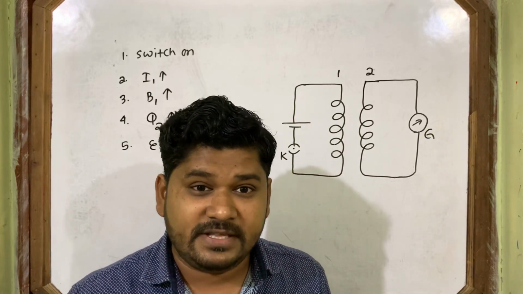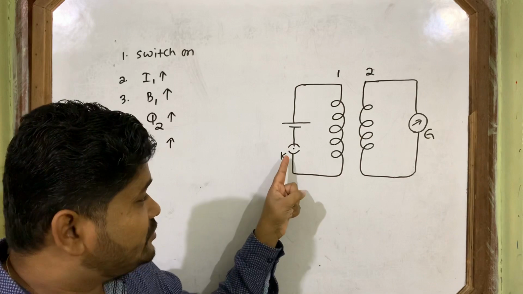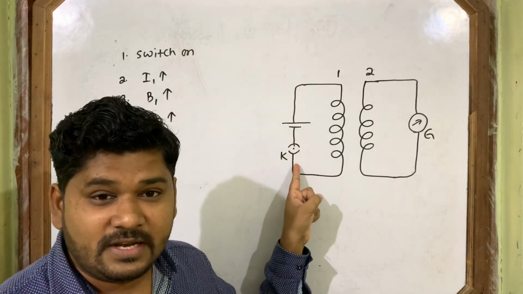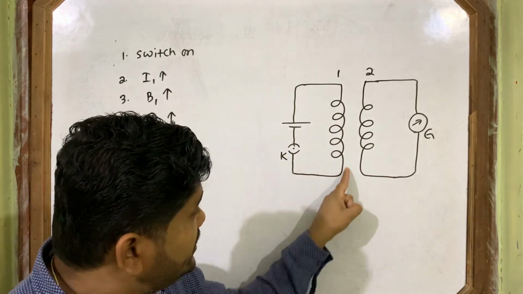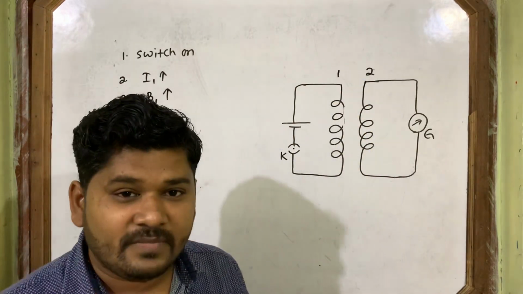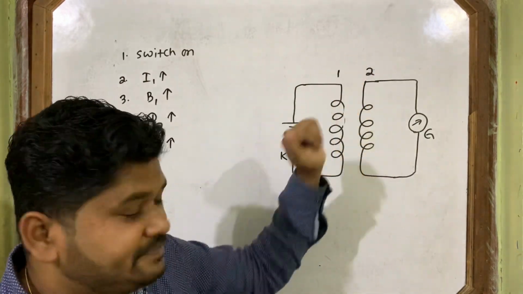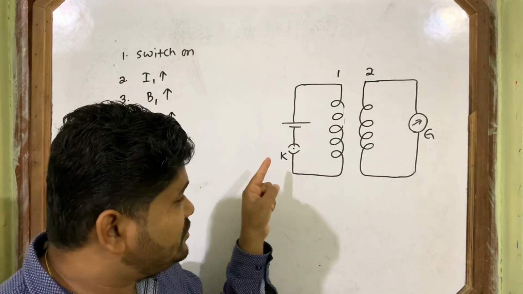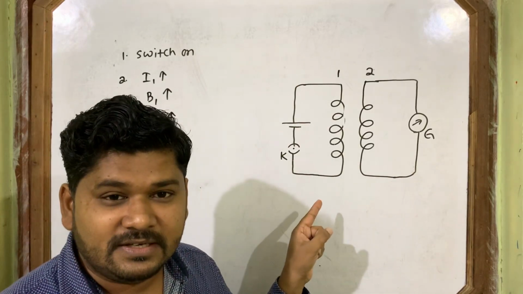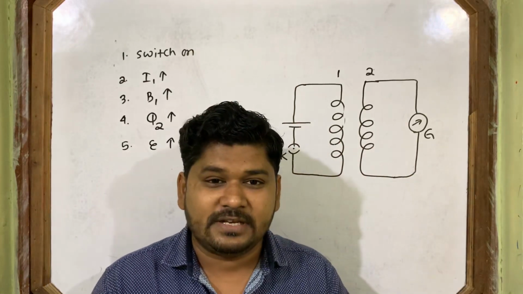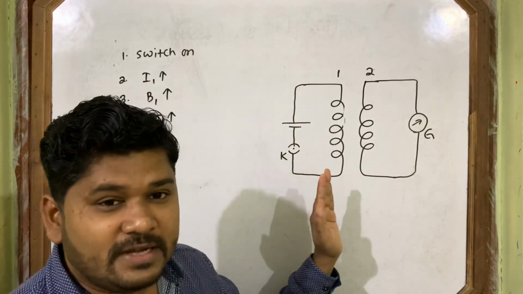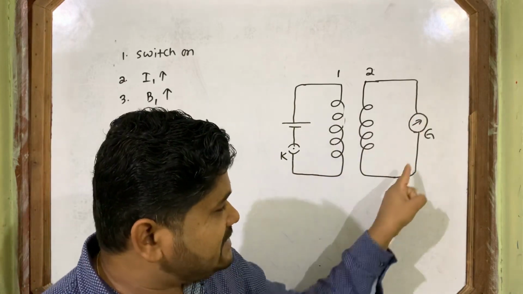What a surprising thing: when the switch is on in the first coil, the galvanometer shows deflection in the second coil without any connection between them. There is no connection between them, but the galvanometer of the second coil shows deflection, meaning current now passes in the second coil.